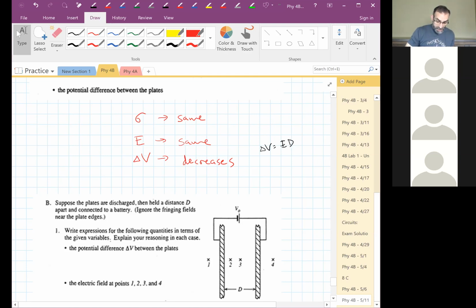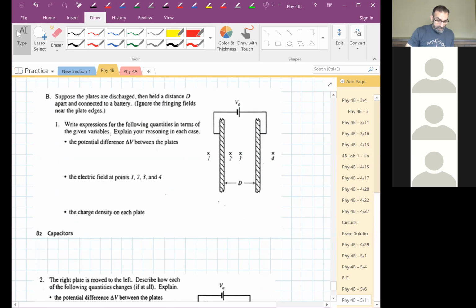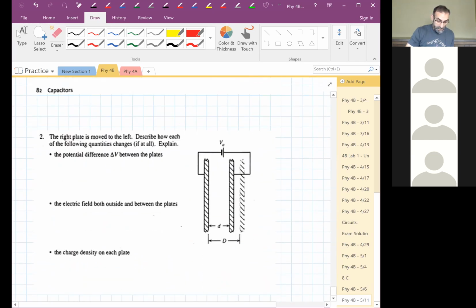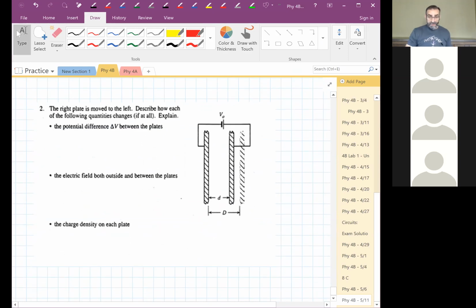And we are going to move the one plate closer to the other one, but this time we'll leave them connected to the battery. So what happens to these three things? The potential difference, the charge density, and the electric field.